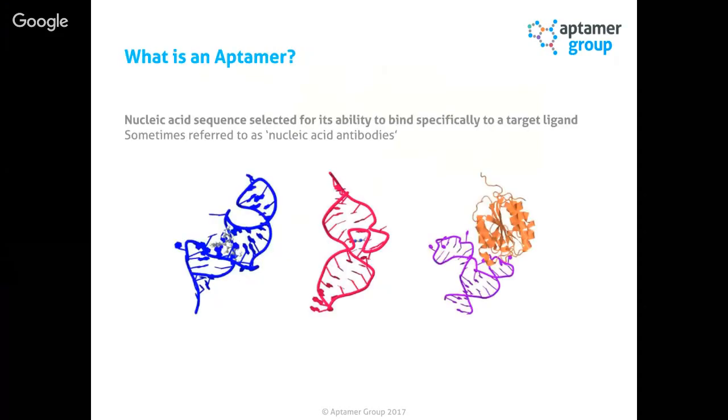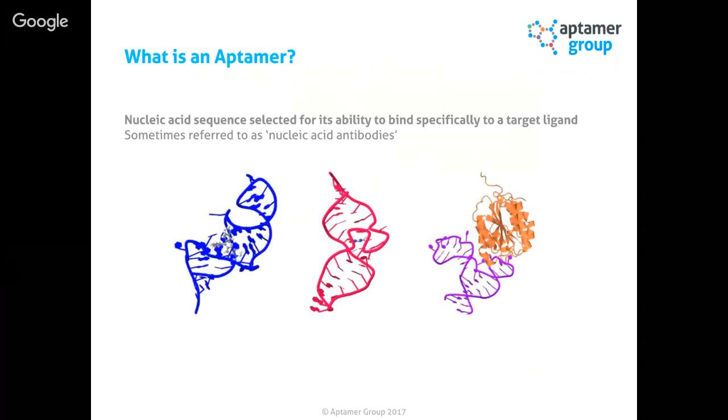So to come to the start, what is an aptamer? Well, in simplest terms, the easiest way to think of an aptamer is a synthetic piece of DNA or RNA with modified nucleotides present that's been isolated to do a particular job, to recognize a target of interest. So the easiest way to think of them is the nucleic acid equivalent of an antibody.